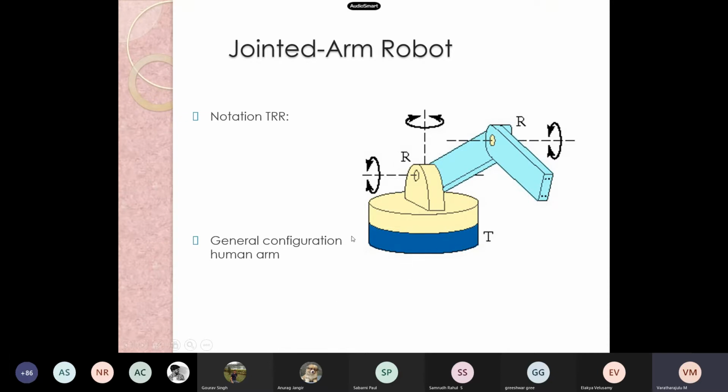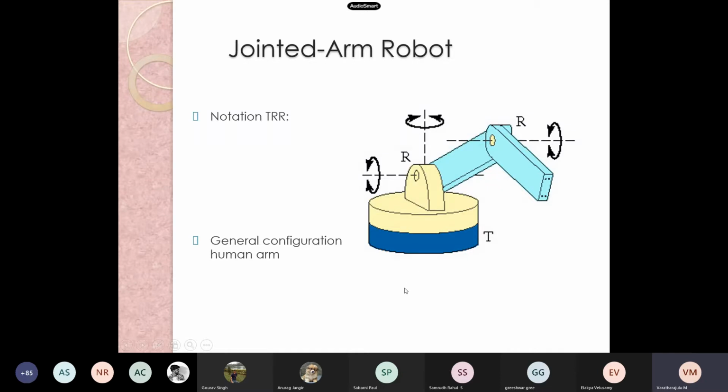Here see this blue color, there is a possibility of motion in this direction. This is the way there is rotary motion, and it is noted as T. We need to start assigning the address from the base as a twisting joint. Therefore, we need to start with T.